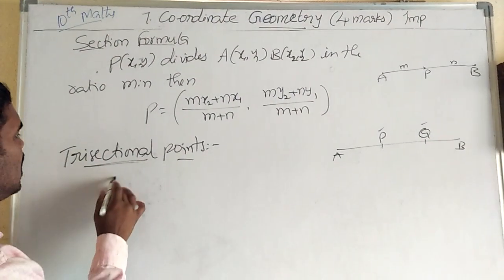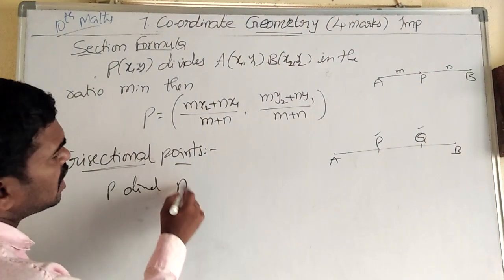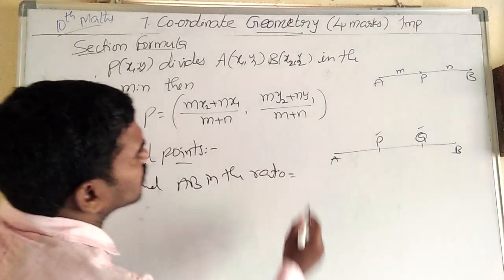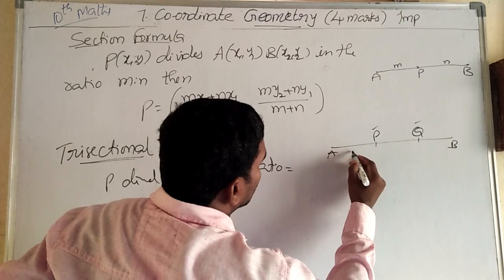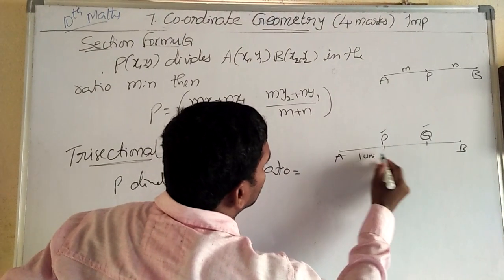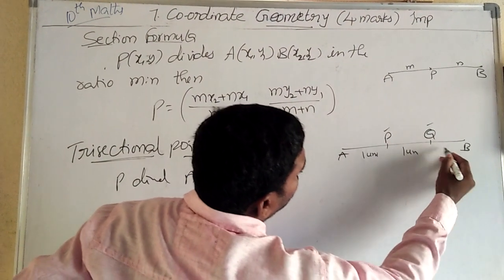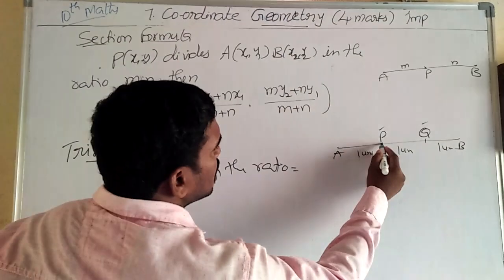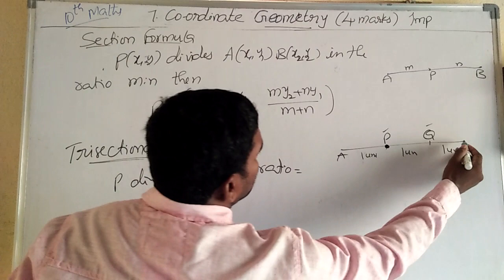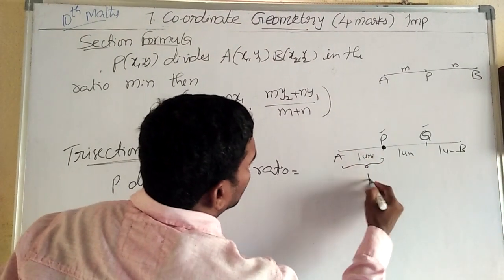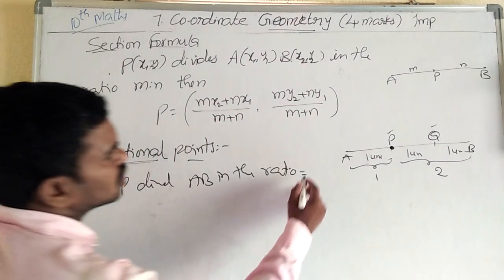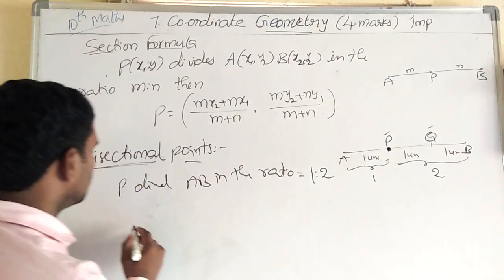So here P divides AB in the ratio, see, from here to here, let us take 1 unit, and from here to here also 1 unit. So P divides AB in the ratio 1 is to 2.